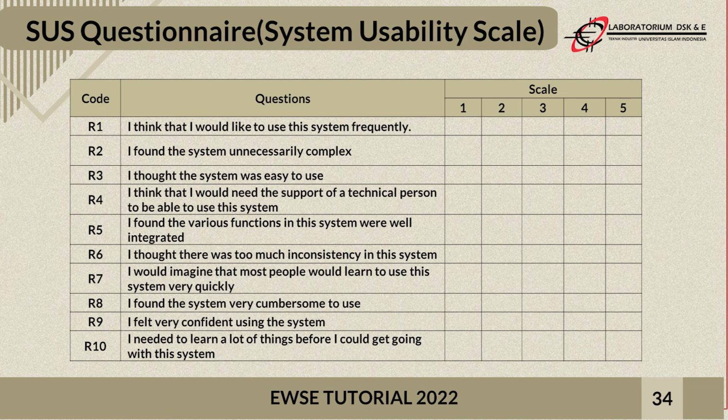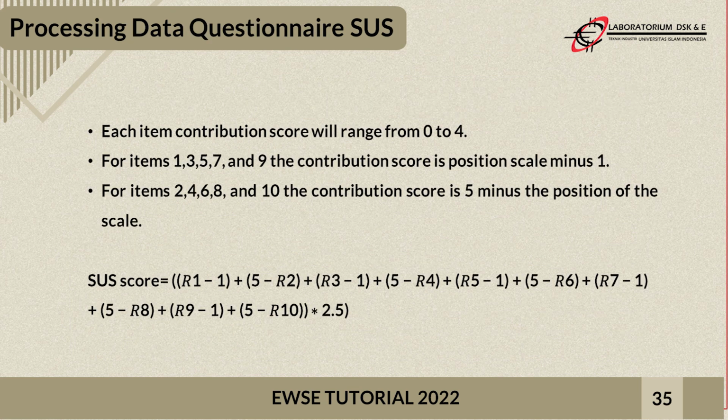And then how to process the SUS questionnaire data. First, each item contribution score will range from 0 to 4. For items 1, 3, 5, 7, and 9, the contribution score is the scale position minus 1. While for items 2, 4, 6, 8, and 10, the contribution score is 5 minus the scale position, and the formula will look like this.